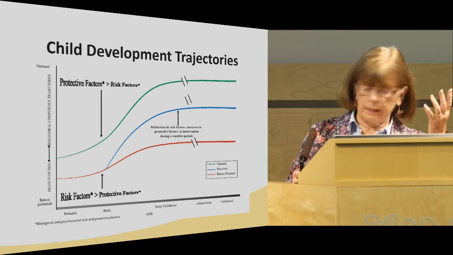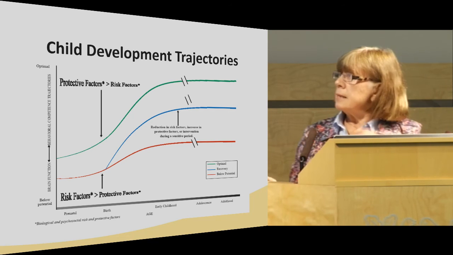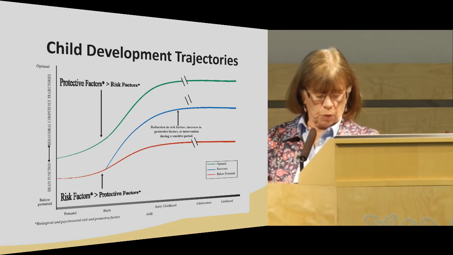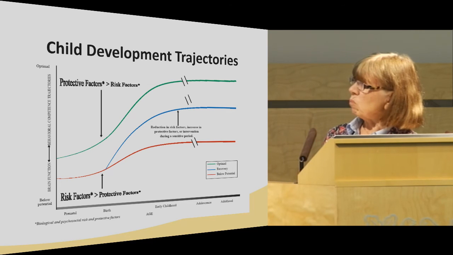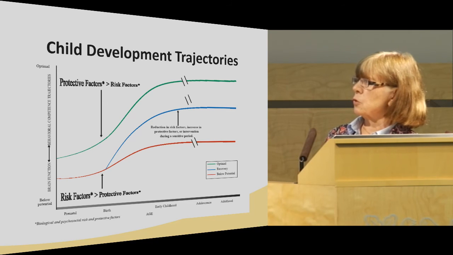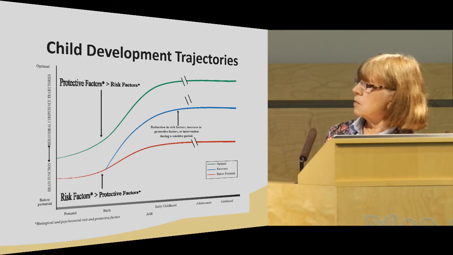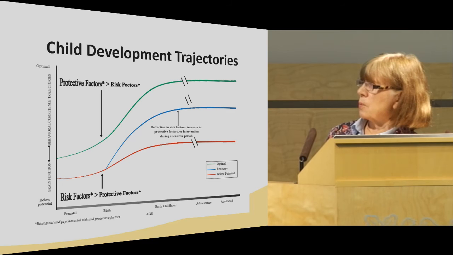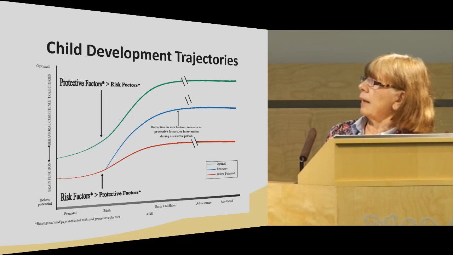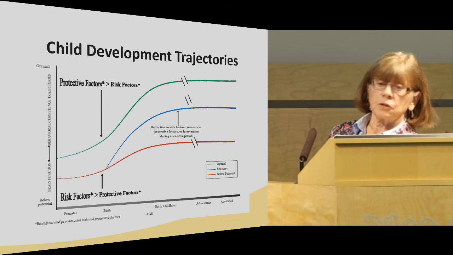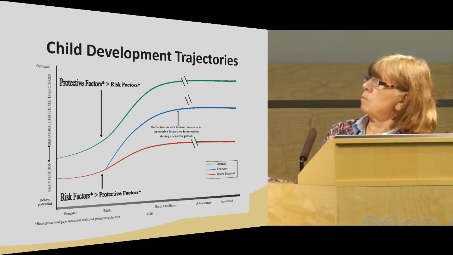development looks like in a general sense is that if you're raised with what we call protective factors, then really at birth, and this represents birth, this represents a prenatal time, again, of the first 1,000 days, that you're better off and your development continues.